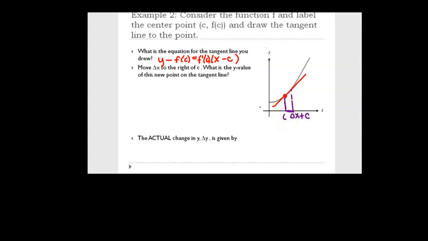So c is the original point of the function, and we move delta x units away from c. So if we're plugging in or talking about f, it's delta x plus c, which then means the point on the line is going to be at f of c plus delta x.